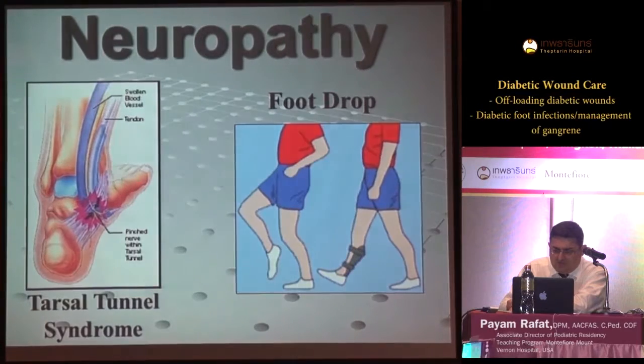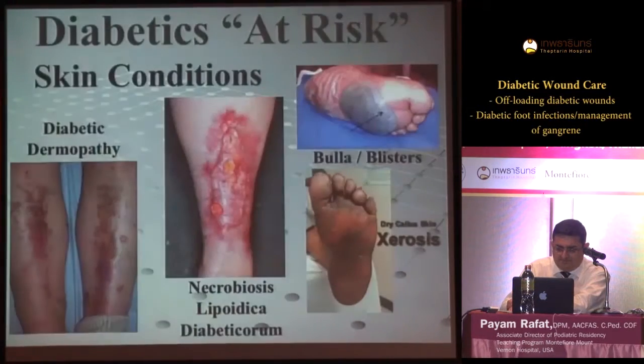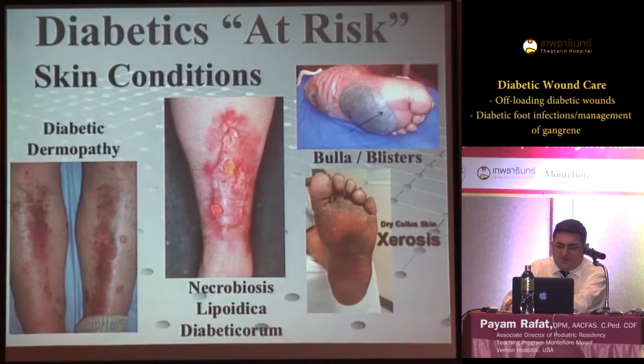They're also at higher risk for developing compression neuropathies and also drop foot deformities. They're also at increased risk for developing skin conditions: diabetic dermopathy, blister formations, and again xerosis, dry skin.